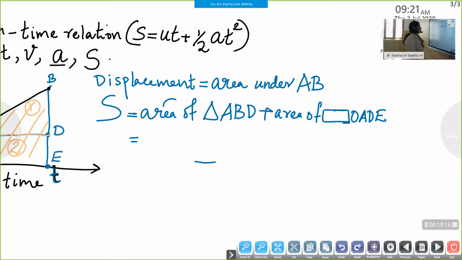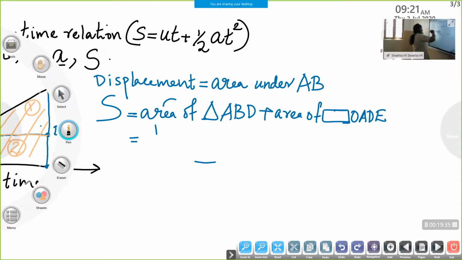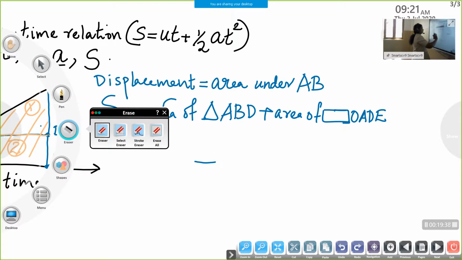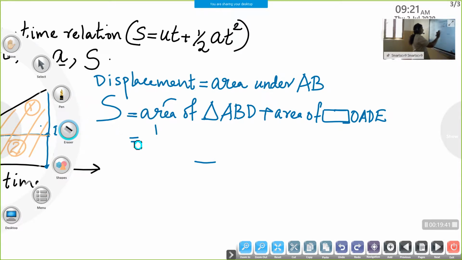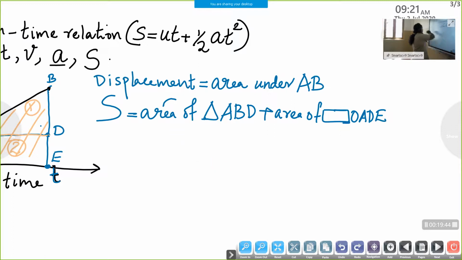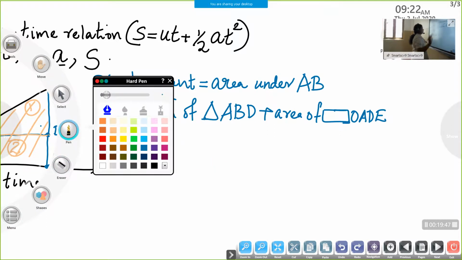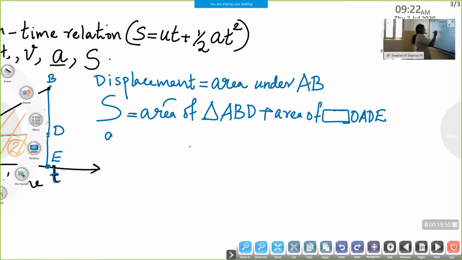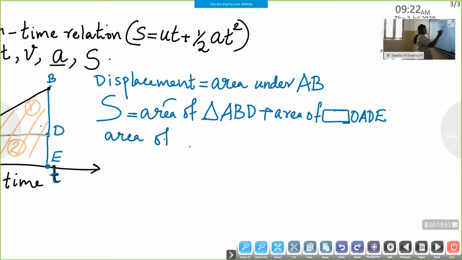So, it is equal to. Then, what is the area of triangle ABD? You have to take the triangle ABD. So, listen, in this figure, what is the area? Area of triangle ABD is equal to, how will you find out the area?